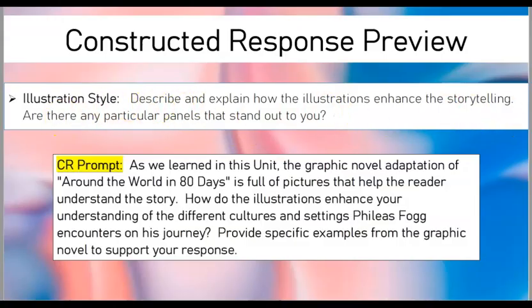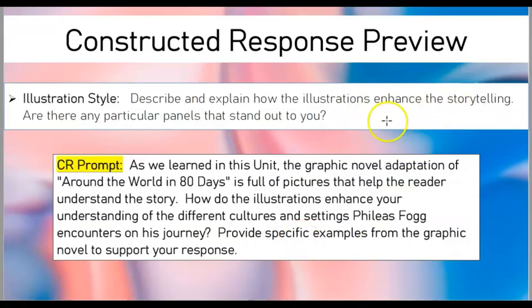And so when we're looking at the prompt, okay, the graphic novel is full of pictures that help the reader understand the story. How do the illustrations enhance your understanding of the different cultures and settings Phileas Fogg encounters on his journey? Provide specific examples from the graphic novel to support your response.